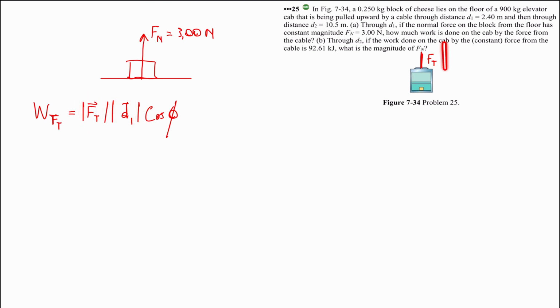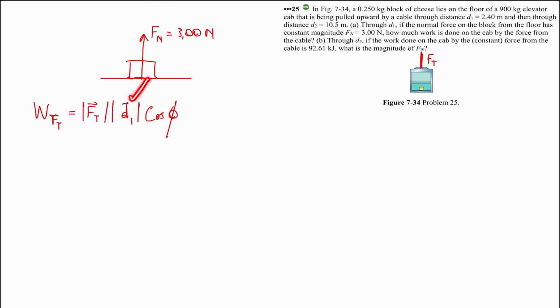Well, the tension will be pulling the cab upward, and the cab will be displaced upward. Actually, the whole trip it's being pulled upward. So we know that phi is going to be 0 because the tension force is upward, and so is the displacement d1.